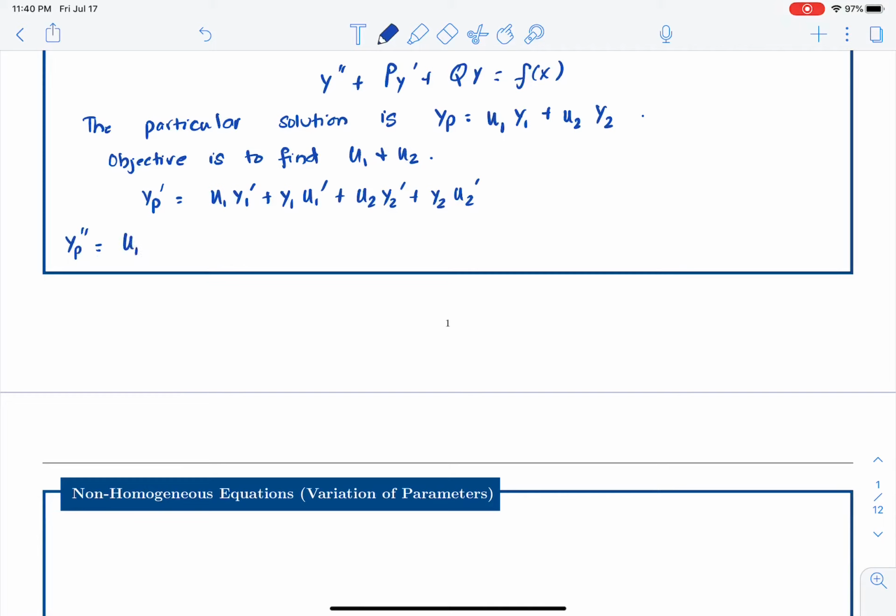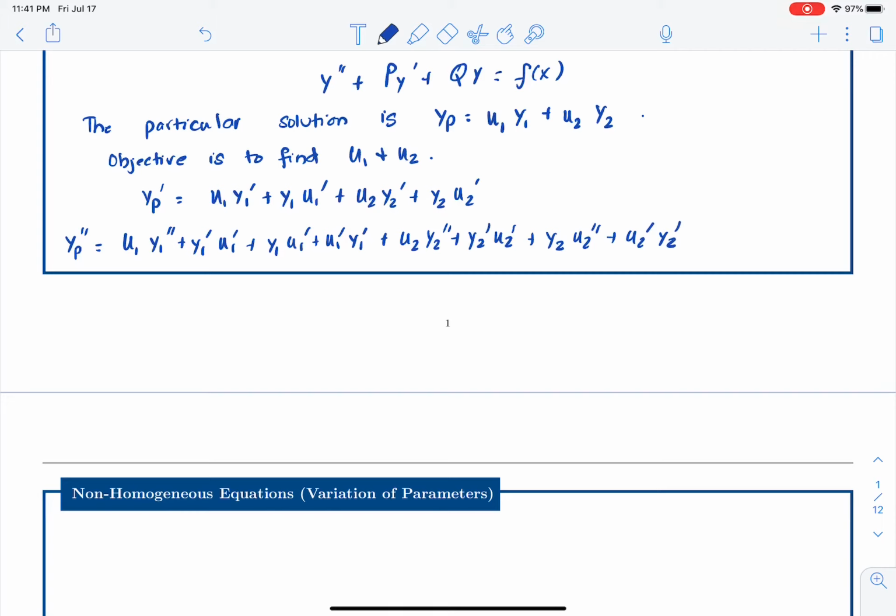So u1 y1 double prime plus y1 prime u1 prime plus y1 u1 prime plus u1 prime y1 prime plus u2 y2 double prime plus y2 prime u2 prime plus y2 u2 double prime plus u2 prime y2 prime.